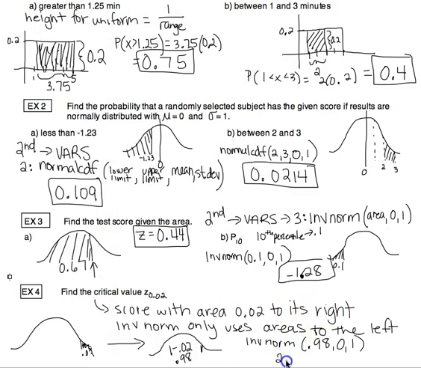So 2.05. This should make sense because z-scores above 2 are considered significantly high. So you can see that there should be a very small area above that particular value.